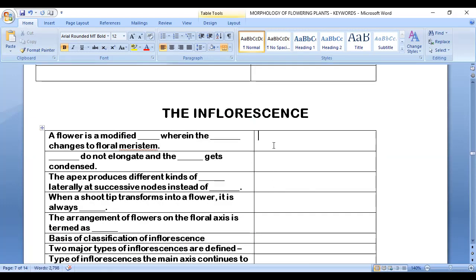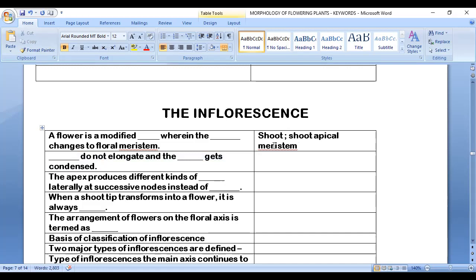The inflorescence. A flower is a modified shoot wherein the shoot apical meristem changes to floral meristem.